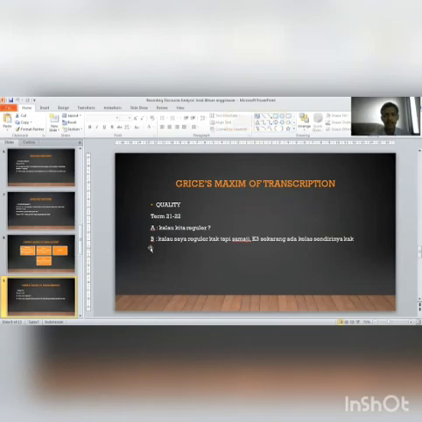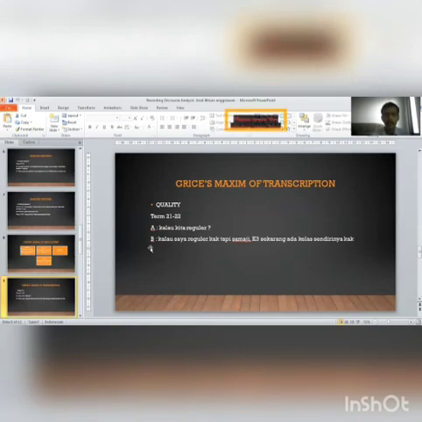Because here speaker B gave more explanation, but speaker A just asked about the regular class, and then speaker B gave an answer that was longer.